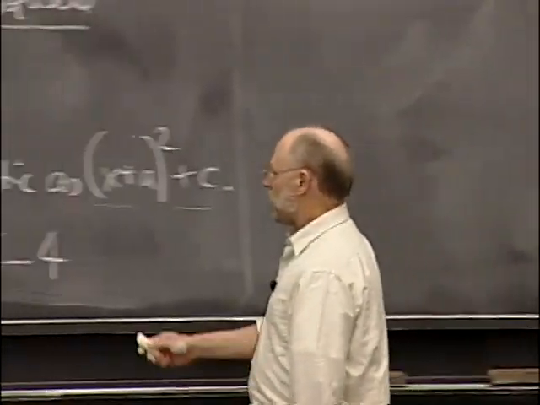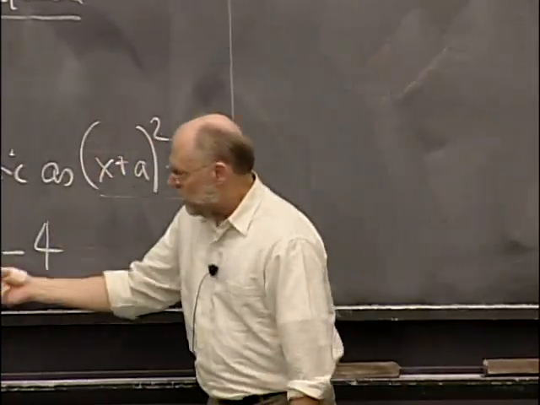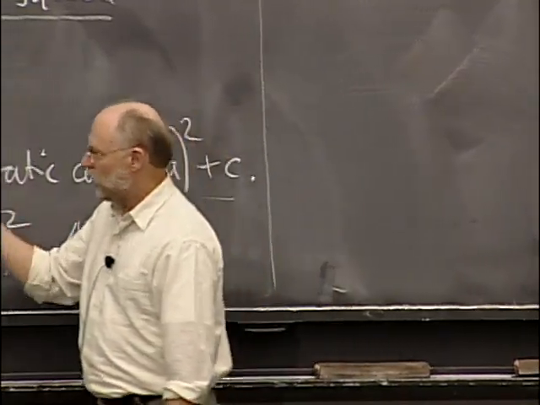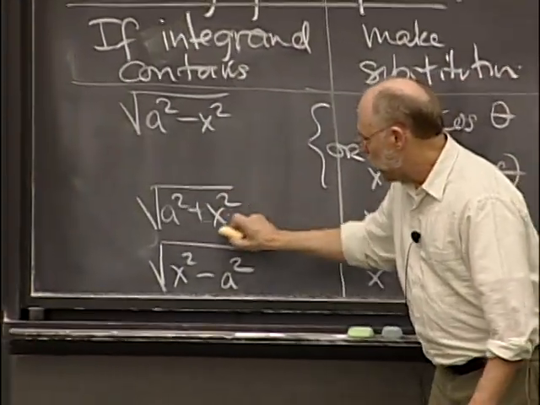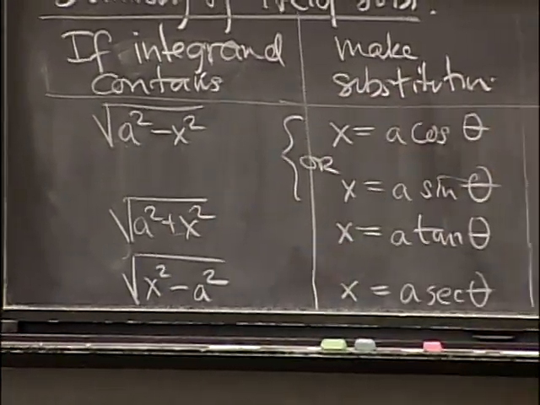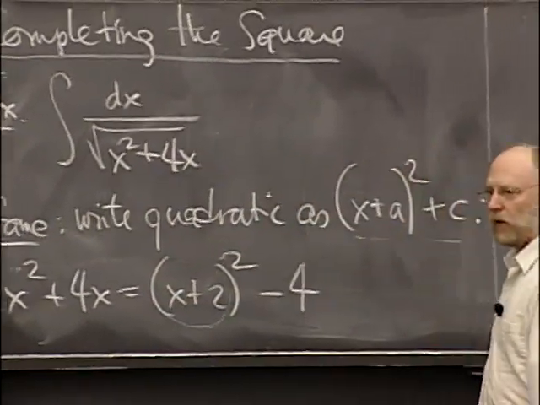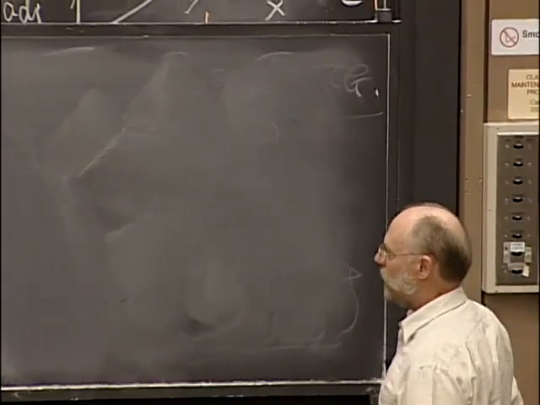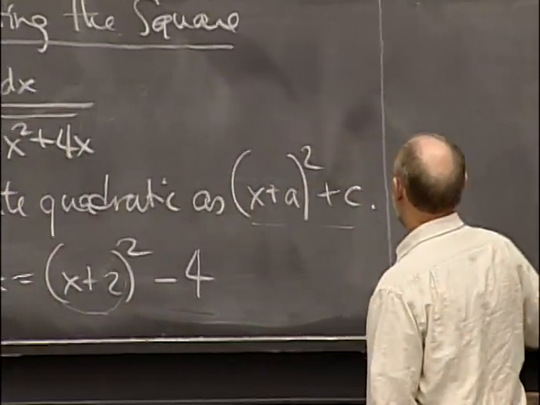So I can rewrite this denominator like this, and then I'm going to try to use one of these forms over here. In order to get a single variable there instead of something complicated like x plus 2, I'm inclined to come up with another variable name and write x plus 2 as that other variable name.